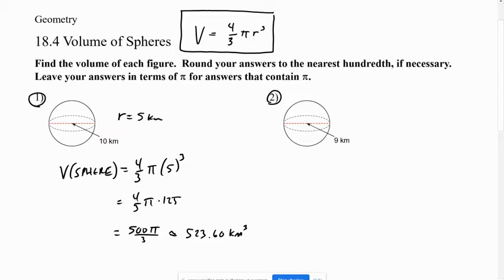Since the diameter of example 2 is 9, the radius is 4.5. So our volume is going to be 4/3 pi times 4.5 cubed.